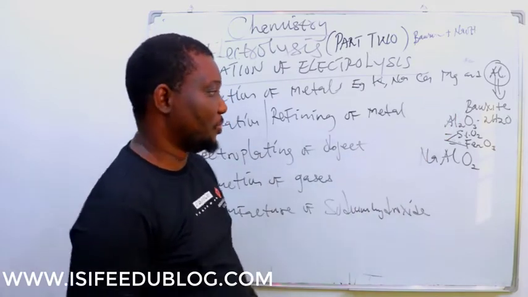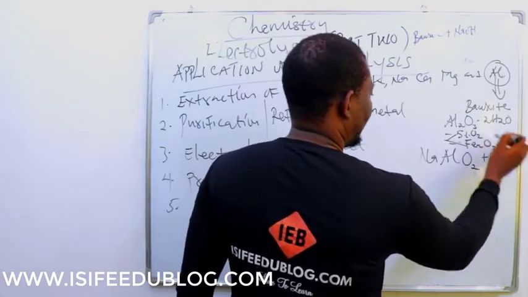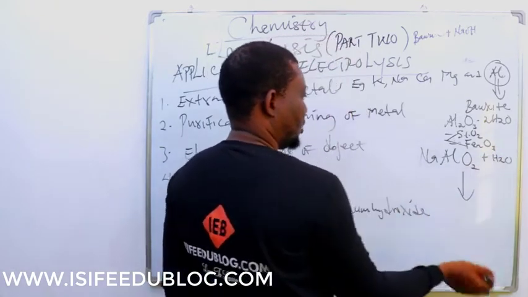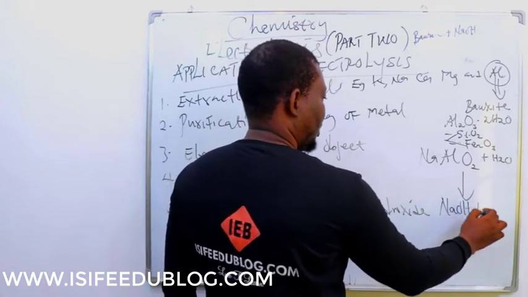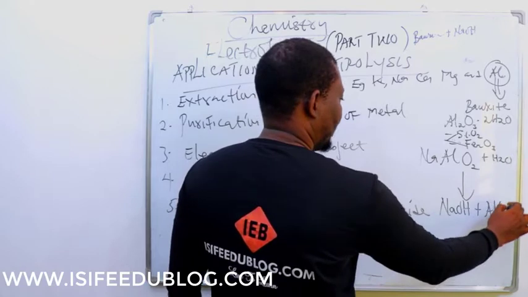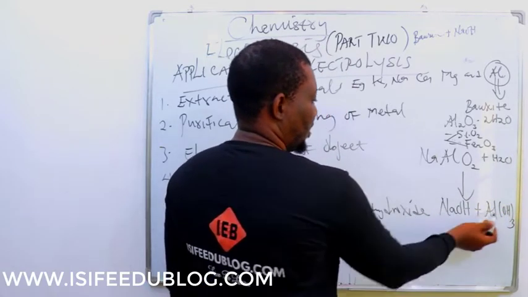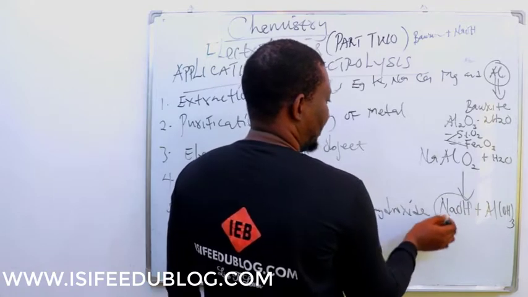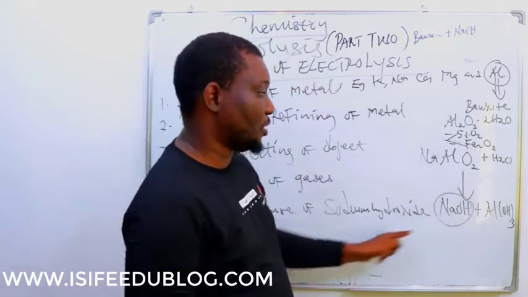That's what remains. But if water is added to this, we're going to have two hydroxides. One is sodium hydroxide, which is soluble, and aluminium hydroxide, which is insoluble. Once you have this mixture, you can get rid of the soluble one by filtration; the aluminium hydroxide remains as the residue.